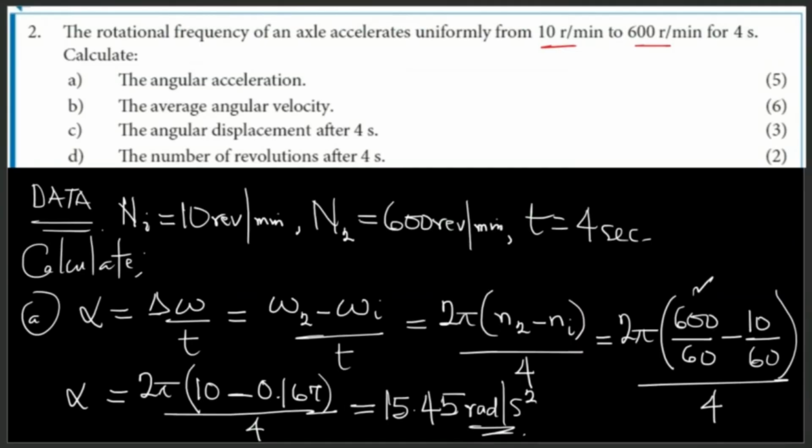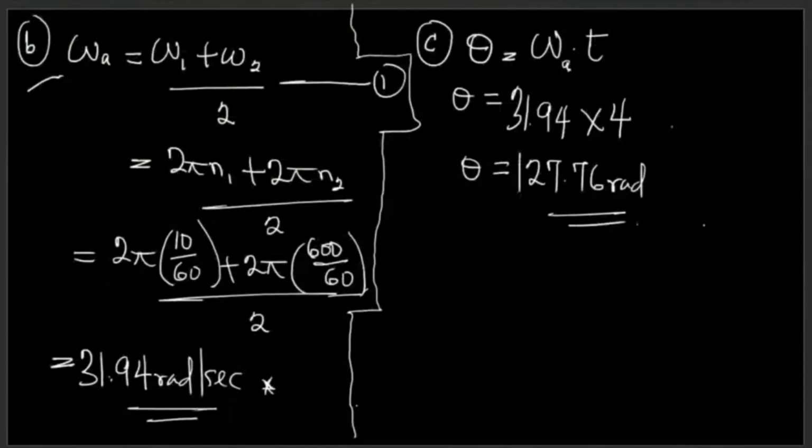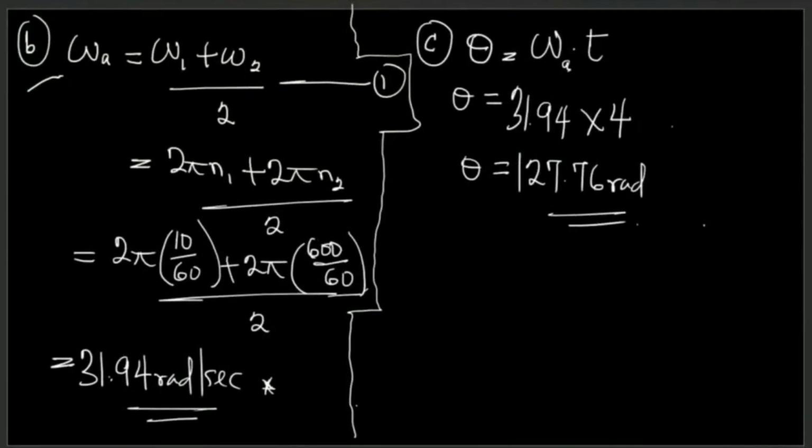That's the average. So it's going to give you what? That's 610 divided by 2, right? Let me do it here. The D part. Okay, so that is the initial plus the final divided by 2.